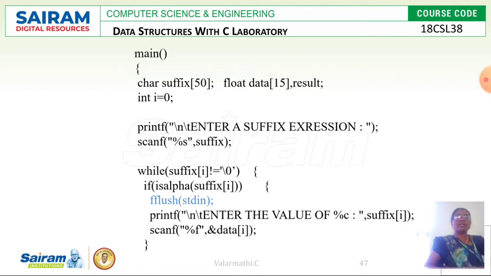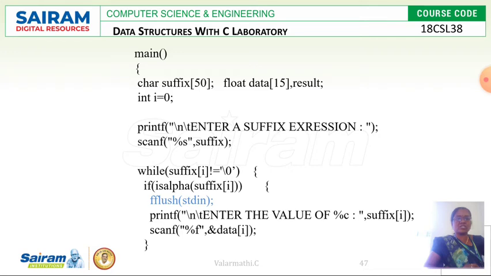Then we need to process the evaluation. How is it evaluated? While suffix is not equal to null, this is the condition we should make. If isalpha of suffix means alphabetic, we have to clear the standard input. So that's what is cleared.